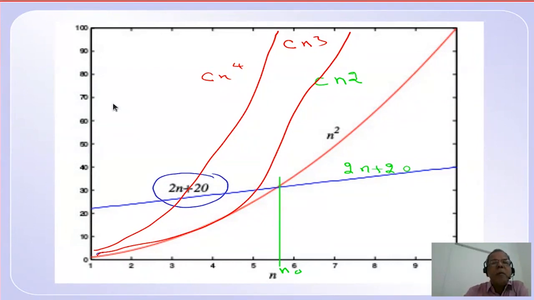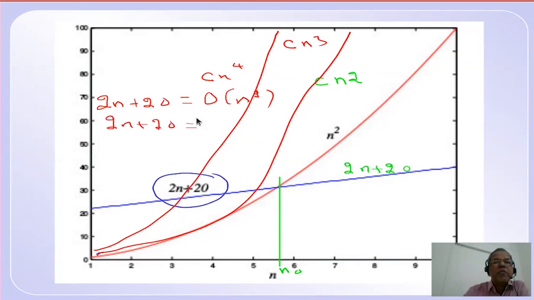But n is the least upper bound, and we never discussed the least upper bound. We said 2n plus 20 is big O of n squared. I can also write 2n plus 20 is equal to big O of n cubed. I can also write 2n plus 20 is equal to big O of n power 4.